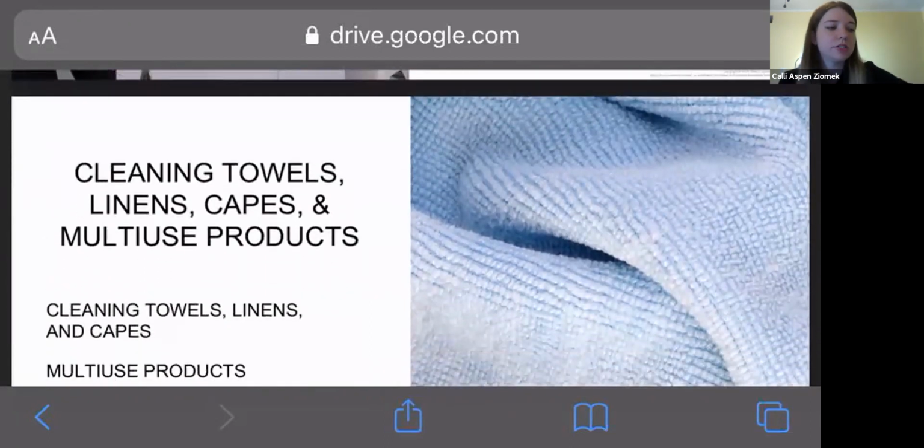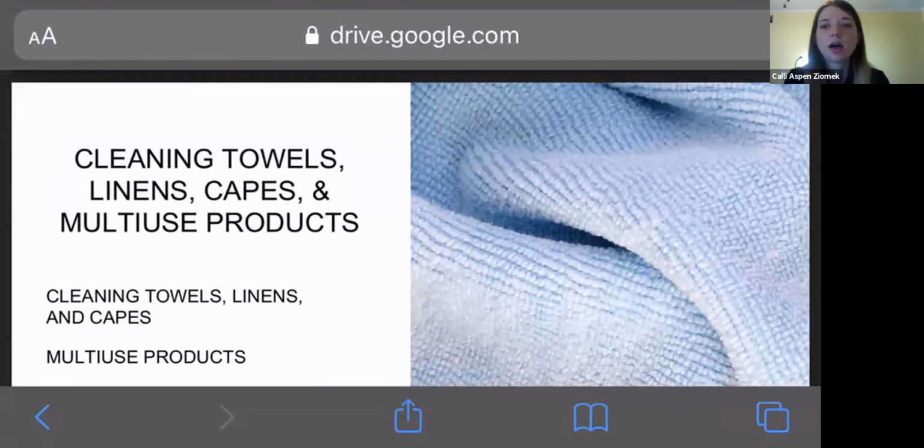So we already talked about single-use and multi-use items and how to clean them. Porous items will include your towels, linens, capes, your sheets, anything like that. Those are porous. So they get washed in the washing machine with bleach.